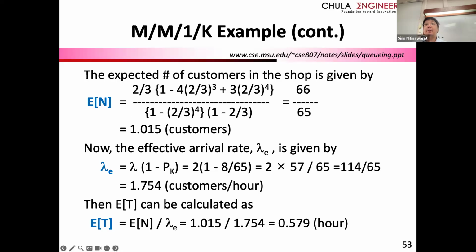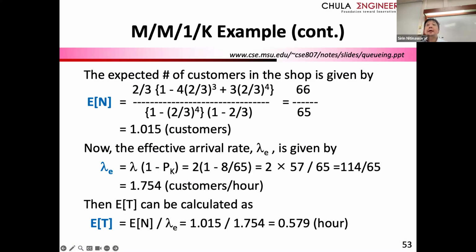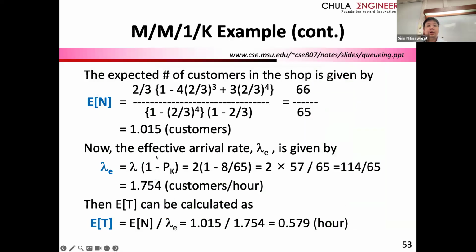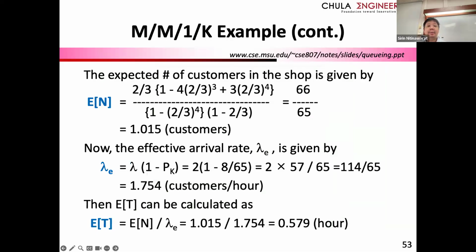And then you can use the formula to compute the expected number of customers in the system. You can see here, because rho is still less than 1, even though the system is capacitated at 3, the expected number of customers in the system is still a little above 1. Now that you have computed P full, P3, you can compute the corresponding effective incoming rate by discounting for PK.